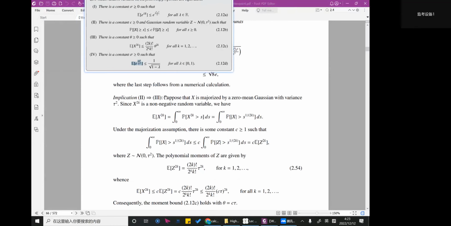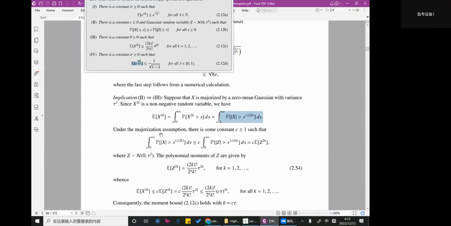And the second implication is driven by calculating the even order moments of x, and by another definition of expectation, the equivalent way to calculate the expectation of non-negative random variables, we get this, and equivalently this.